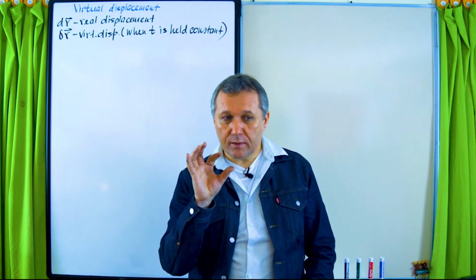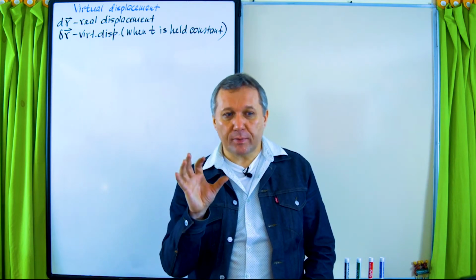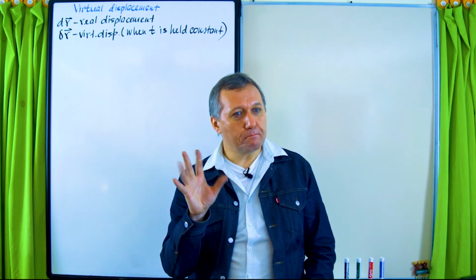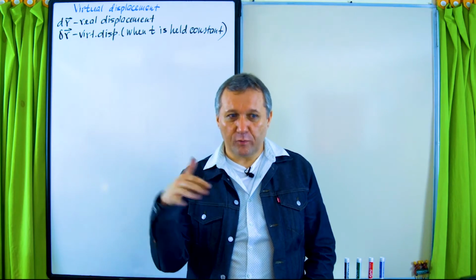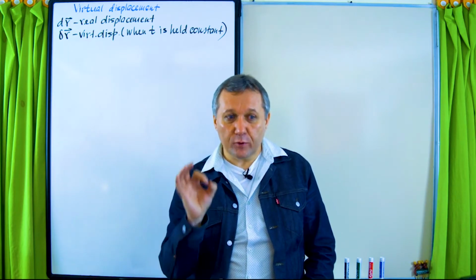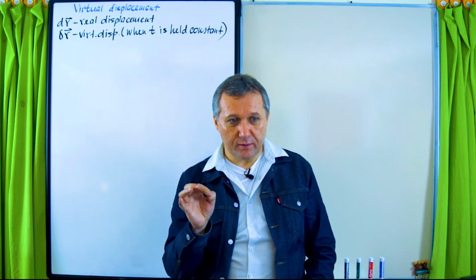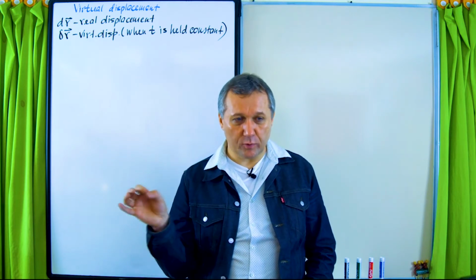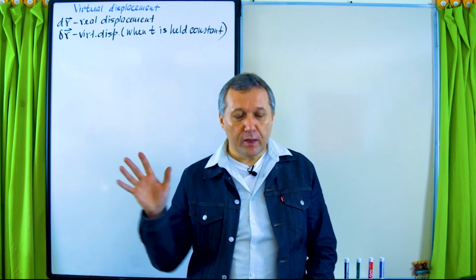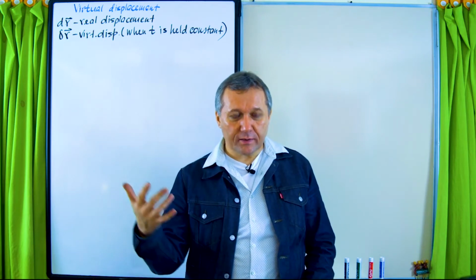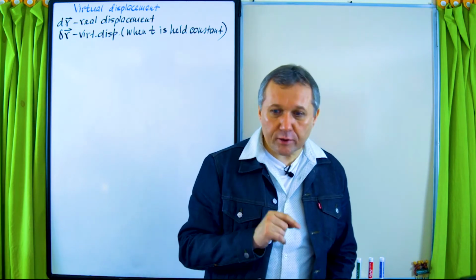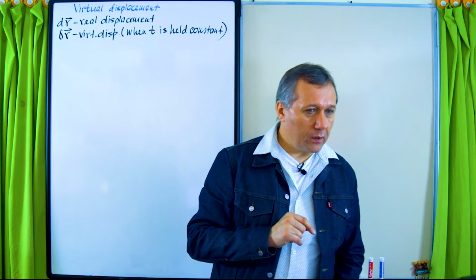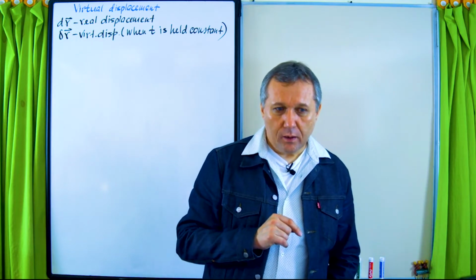And to describe this process of picking the correct path, the virtual displacement is very important. And that's why it was introduced, right? Okay, so before I start discussing, let's look at a video, right?